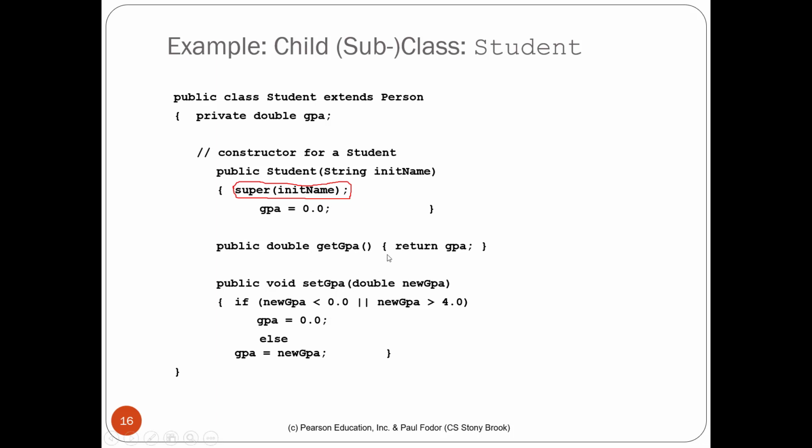Then you have a getter method for GPA. Great. GPA is right here, so you can retrieve that. Now look at the set GPA method. So again, as we had the setter method in case of the person class, similarly we have a setter method for student class also, and we are very careful, right?